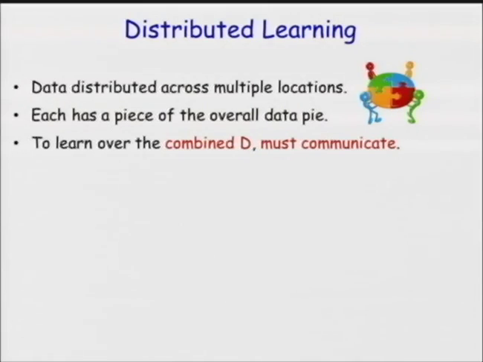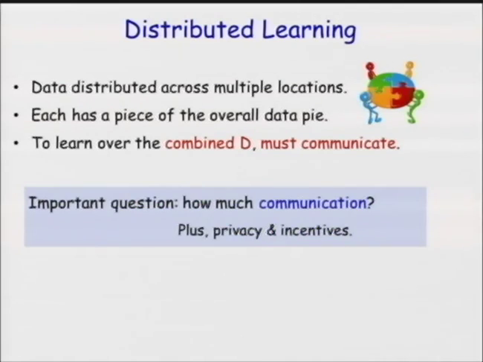So clearly, in order to learn well over the combined distribution, the players must communicate. These settings bring to the forefront a very important communication complexity question: how much communication is needed in order to learn well? So in addition to the two classic aspects that I talked about, sample complexity and computational complexity, these settings bring to the forefront this communication complexity question. They also emphasize other aspects like privacy, incentives, and so on.